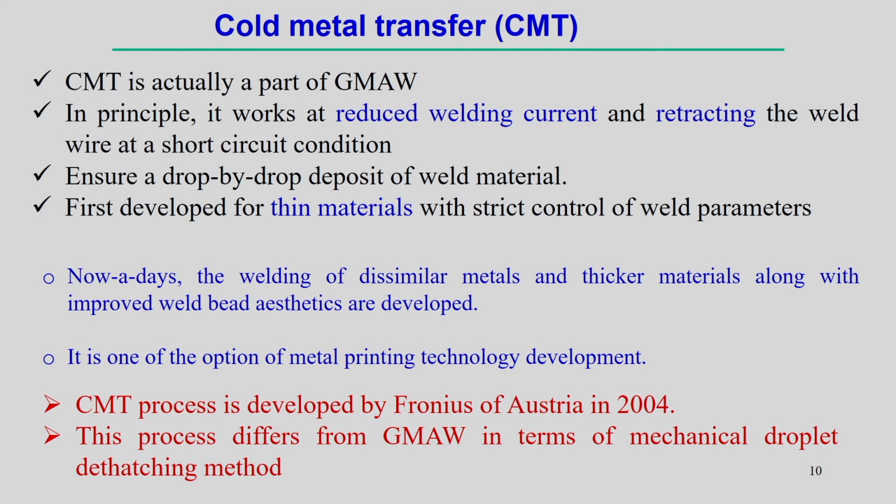The CMT process is not new. It was developed by Fronius in the year 2004, and this process is different from the gas metal arc welding process in terms of the mechanical droplet detaching method. In gas metal arc welding, the detachment of the molten material happens depending upon different kinds of driving forces, so there is no need to apply any mechanical motion to the torch.